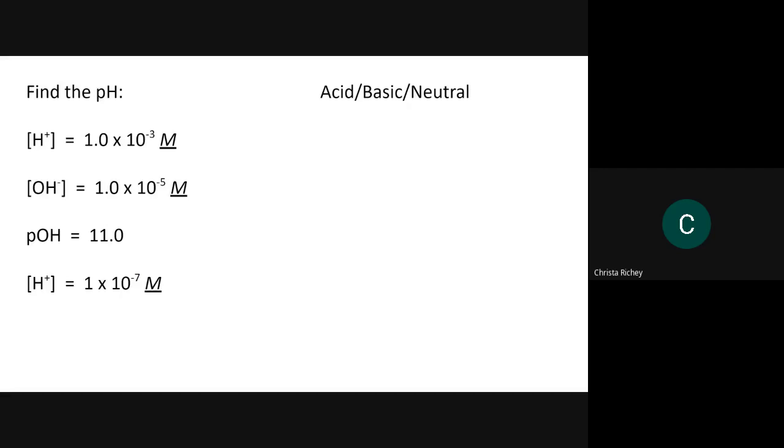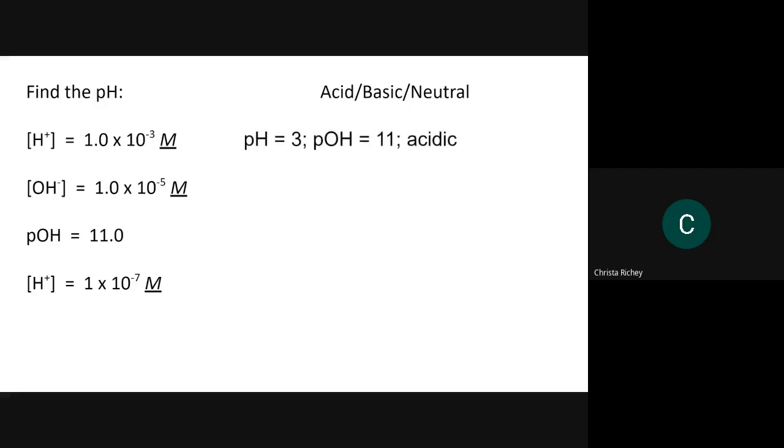If I know my hydrogen ion concentration, you can do this with the logarithm button on your calculator or just understand the relationship. What's the pH according to this power? 3. When you take the logarithm of 0.001, which is what this translates to, you take the negative of that log.